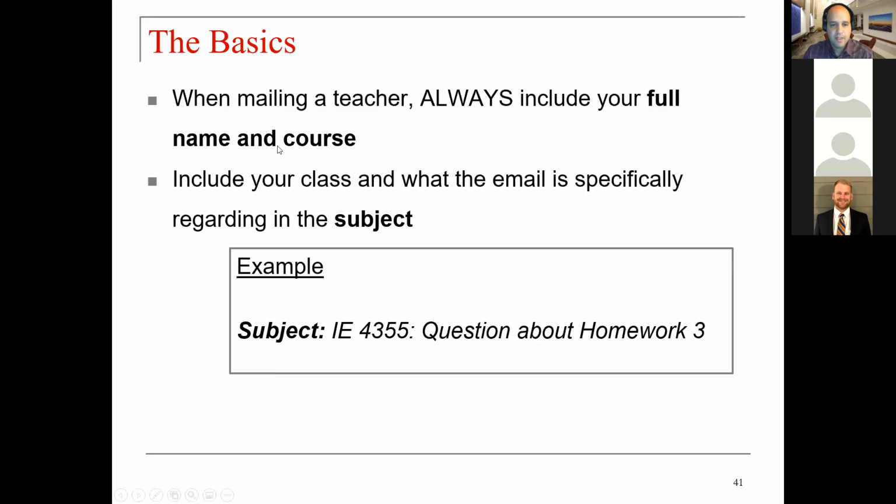In the message, include your class and what the email is specifically regarding in the subject. So for example, if you are in 4355 and you have a question, the number of the class is important because I'm teaching 2 different courses. So if you email me with a question, then I need to figure out if you're from one class or the other.